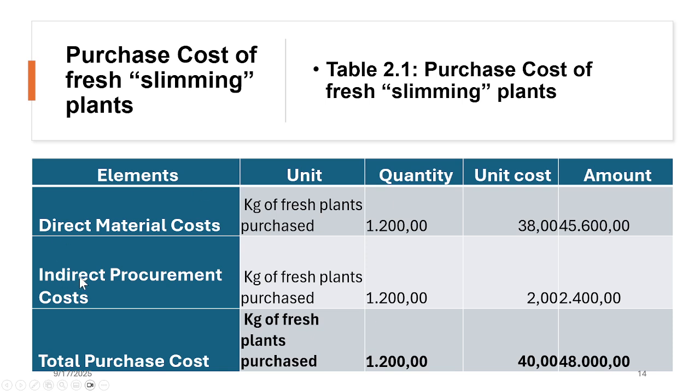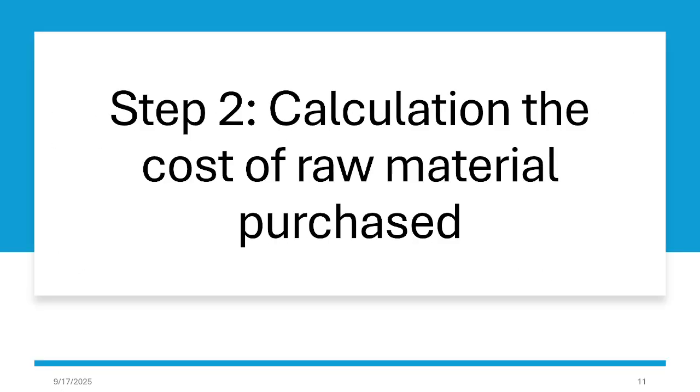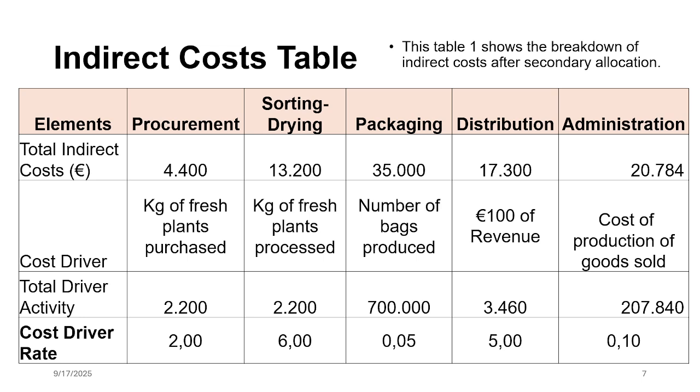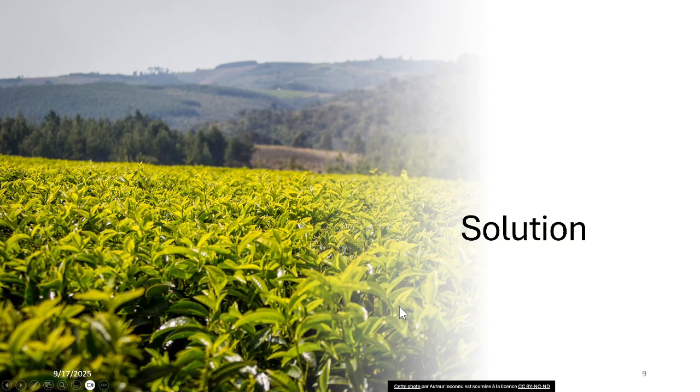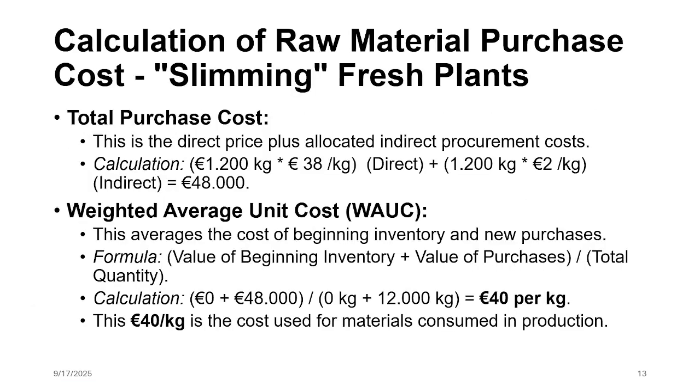For the indirect procurement cost, your cost driver is a kilogram of fresh plant purchase. So we have 1,200 multiplied by the unit cost. We can see this information from table 1, the indirect cost table. It means that for every single kilogram of fresh plant purchased, the company has to add €2 of indirect cost.